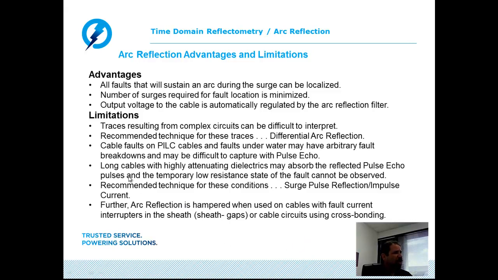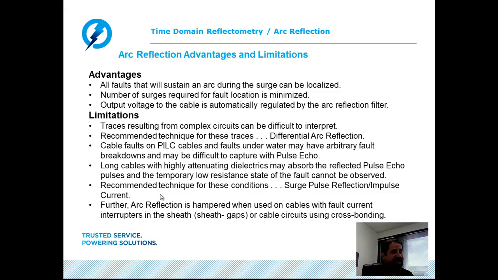Now, long cables with very highly attenuating dielectrics or a lot of corrosion on the neutrals can very quickly absorb the reflected pulses of the pulse echo technique. And in essence, if the TDR or pulse echo doesn't have enough transmitted pulse energy to overcome these very long cables or high corrosion that's bleeding down the signal, we may not be able to see the end of the cable.